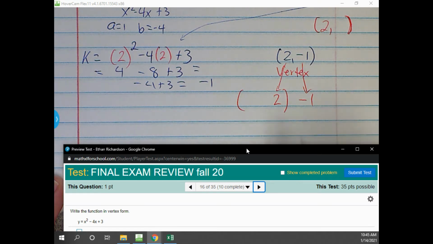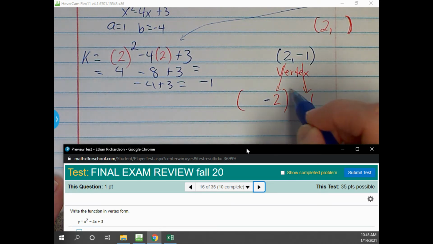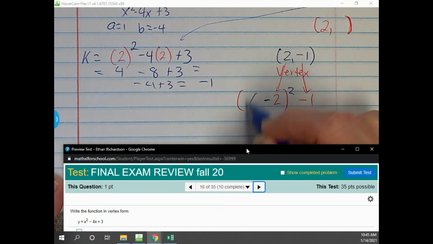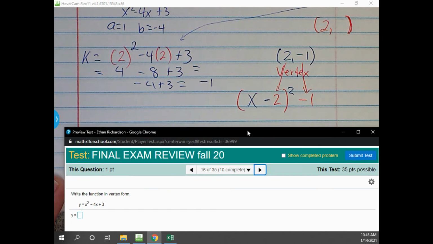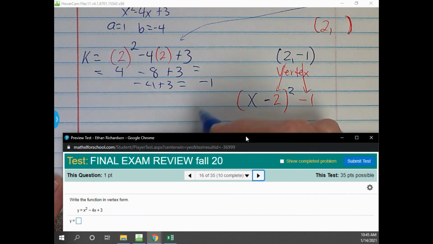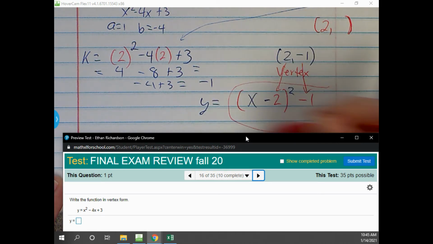Anytime you plug something on the inside, you're going to change the sign. So it would be x minus 2 squared minus 1. They already put the y equals, so that part was kind of given.